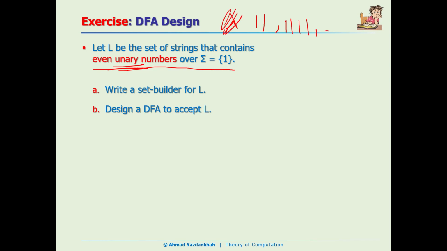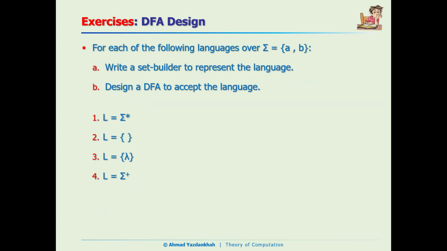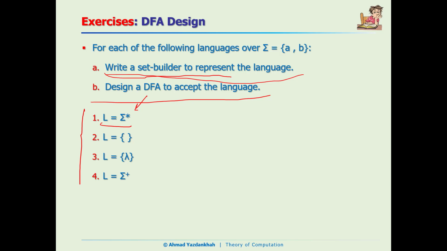So just remove this and redesign whatever we did in the previous slide. We have a bunch of other exercises here. L equal to sigma star means that your language should accept everything. I ask you to write a set builder to represent the language and design a DFA for all of these languages.